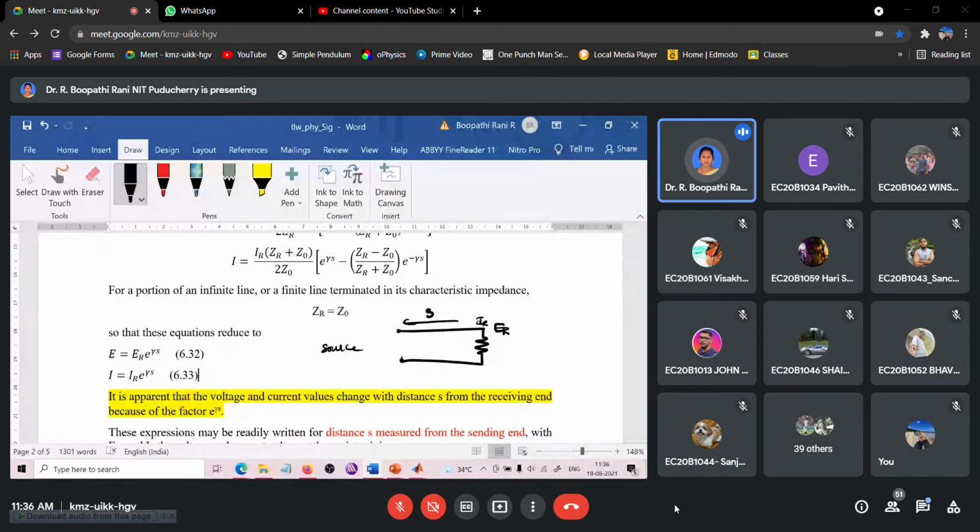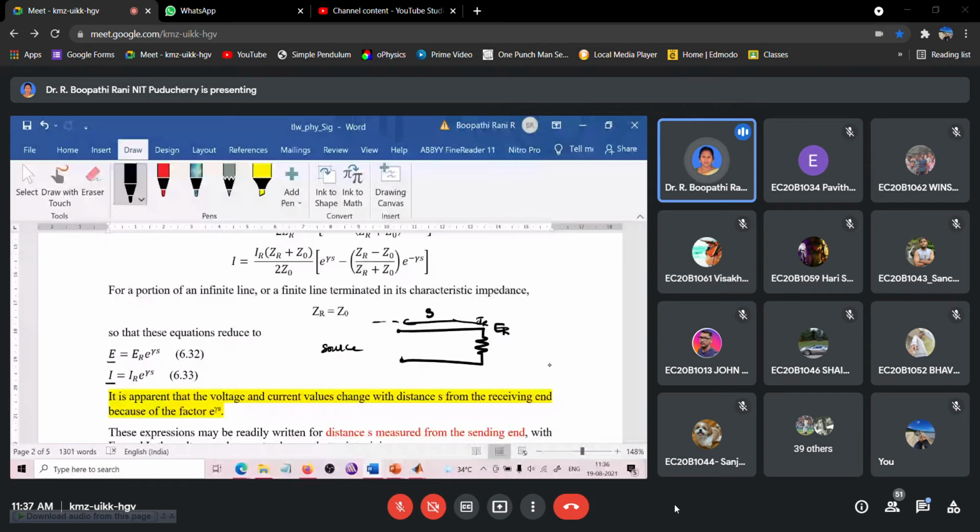We are going towards the source. So if we want to go towards the source, S increases, because that is the assumption we have taken. As S increases, what will happen to the value of E and I? They will exponentially increase.